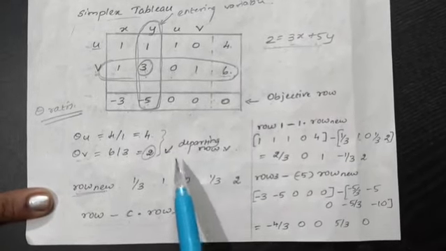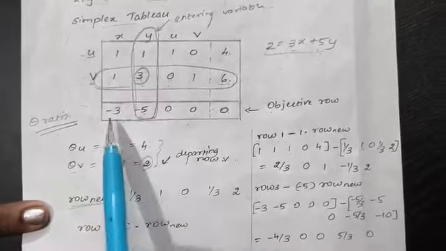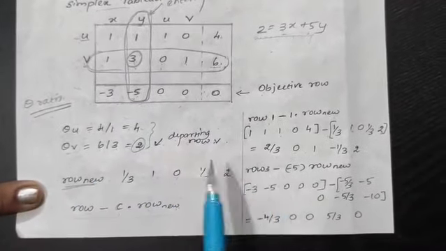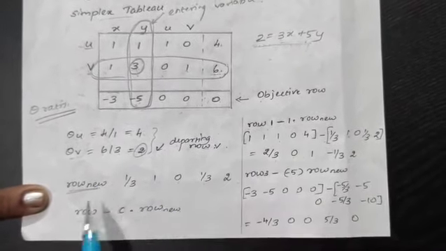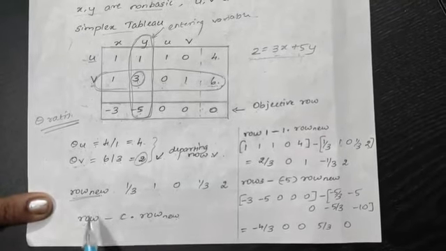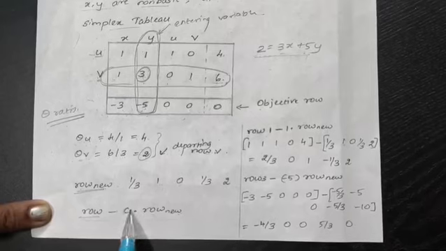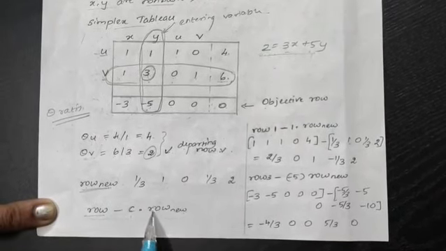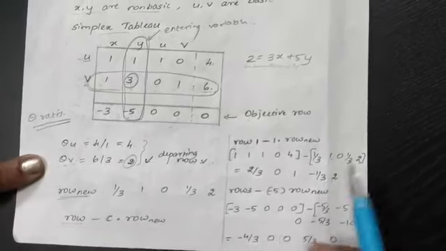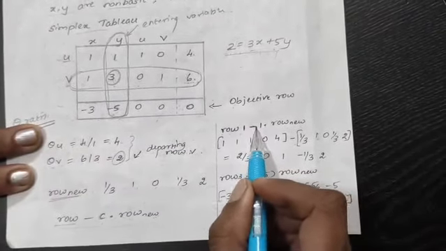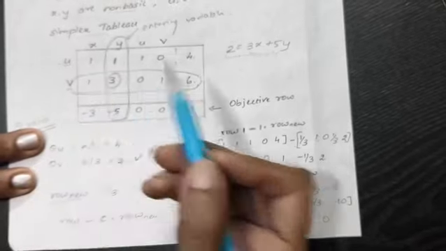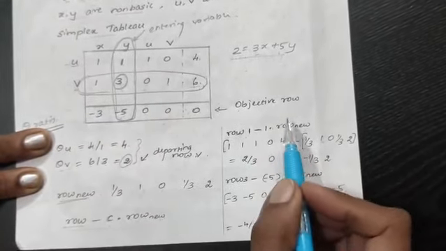Then for the new table, we have to replace this first row as well as the third row. The row value can be calculated by using this formula: the row value minus the pivot column entry into the row new value. Let us see how to calculate the first row value. Row 1 value minus the pivot entry, which is 1, into the row new value.